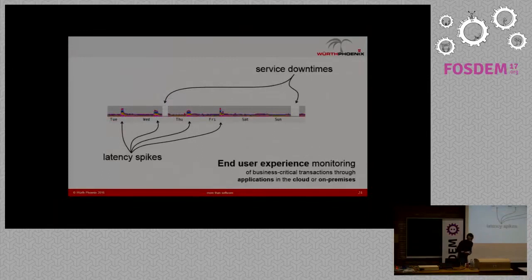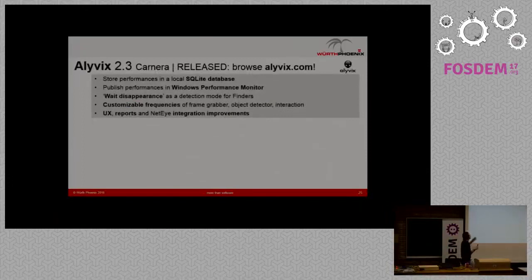And this is the final time series. So basically, it's really clear that our network application suffered from service downtimes and latency spikes.